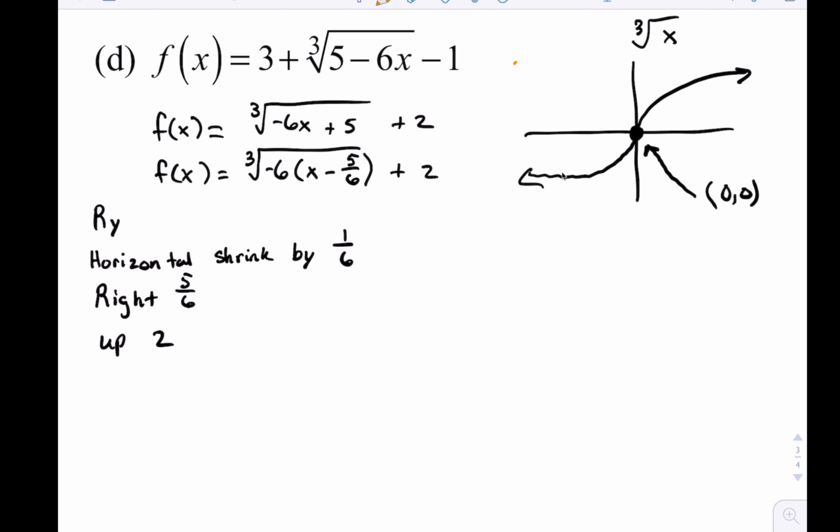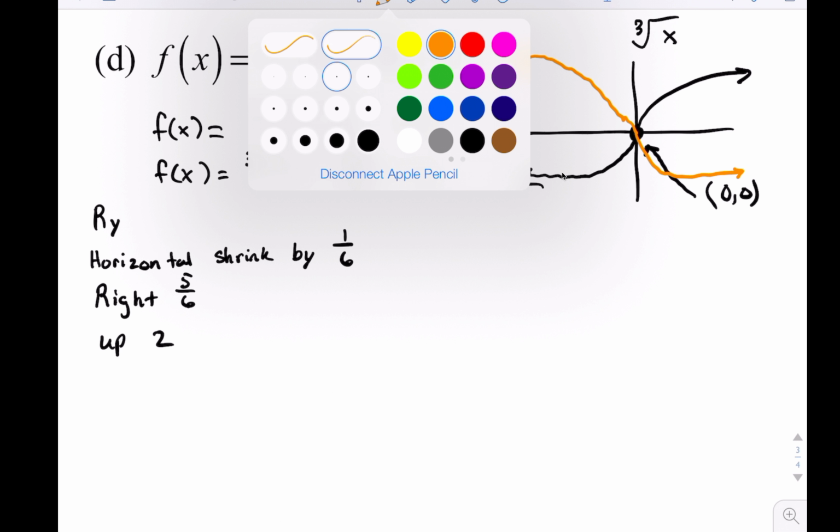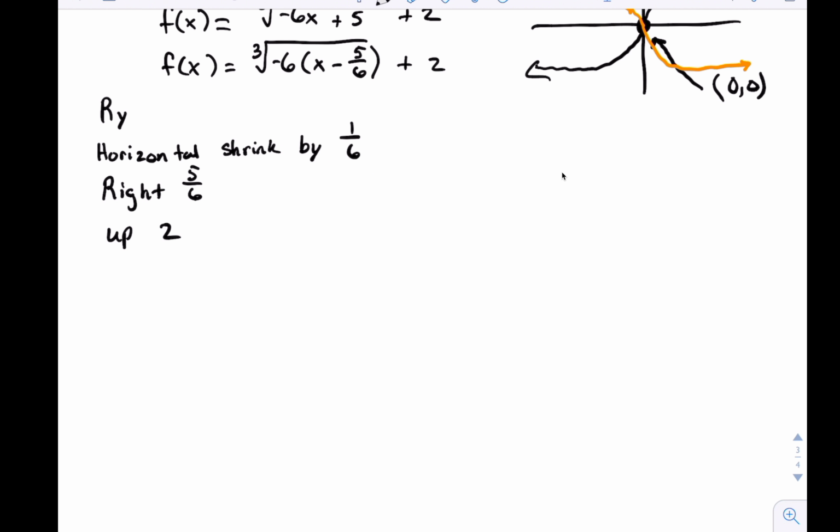So I'm going to draw that right here, like that. Okay, so that's going to be our basic shape that we start with here. Again, what I'm going to do is I'm going to use 0, 0 to kind of move around. Okay, so I'm going to draw my graph.